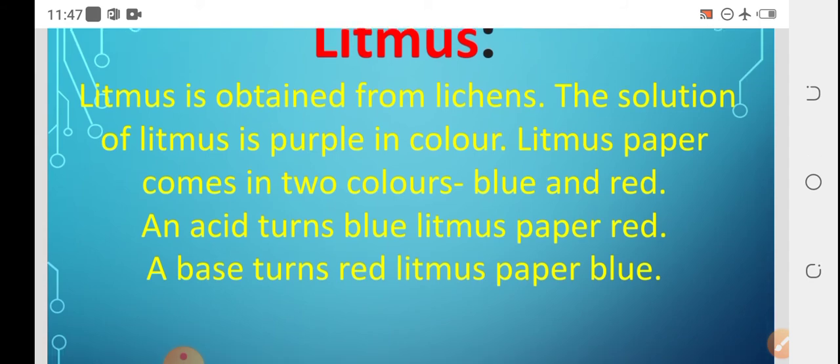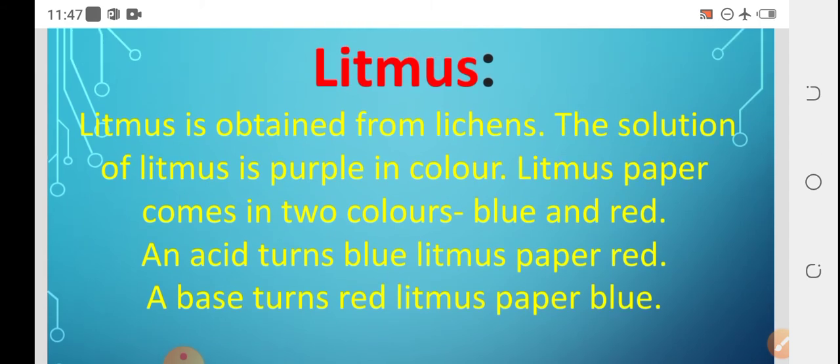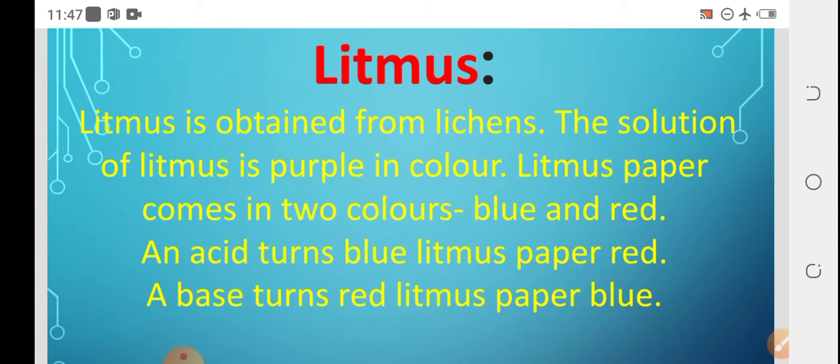You can see here what is acid and what is base according to litmus paper. If you dip blue litmus paper in a solution and it changes to red, then it is defined as an acid.